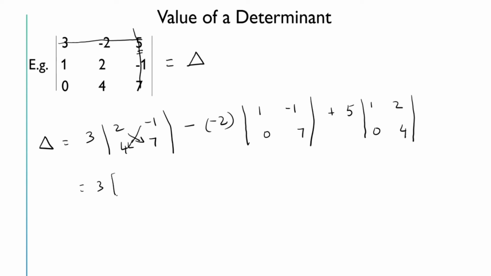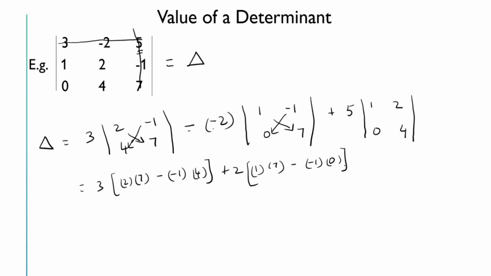So 3 into 2 into 7 minus 1 into 4. Then here minus of minus 2 will be plus 2. Here 1 into 7 minus 1 into 0. Plus 5 into 1 into 4 minus 2 into 0.